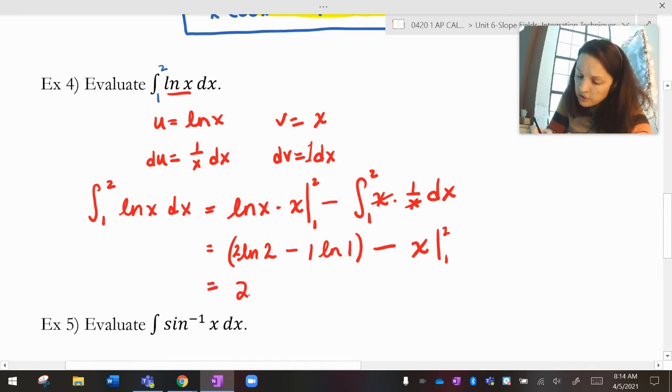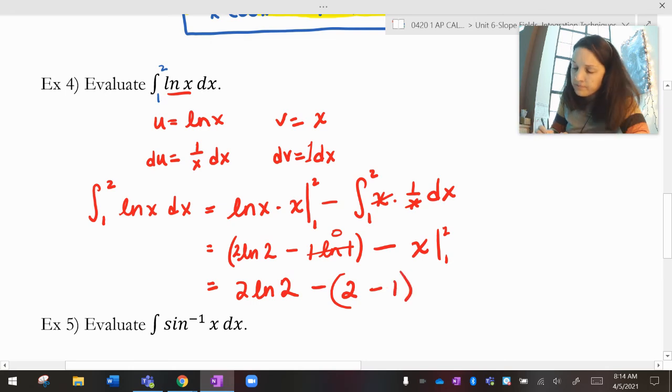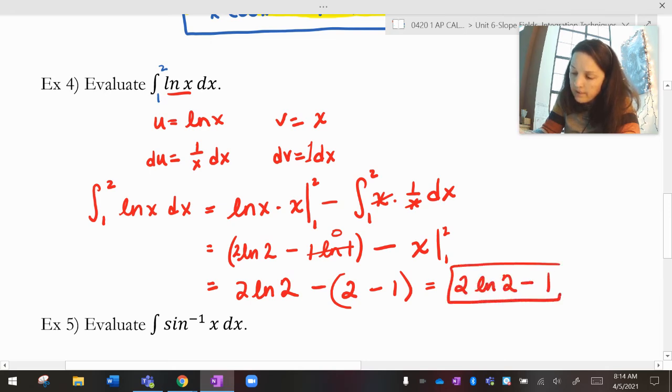So I have 2 ln 2 minus, well, this is 0, minus 2 minus 1. So this is going to be 2 ln 2 minus 1 is your final answer.